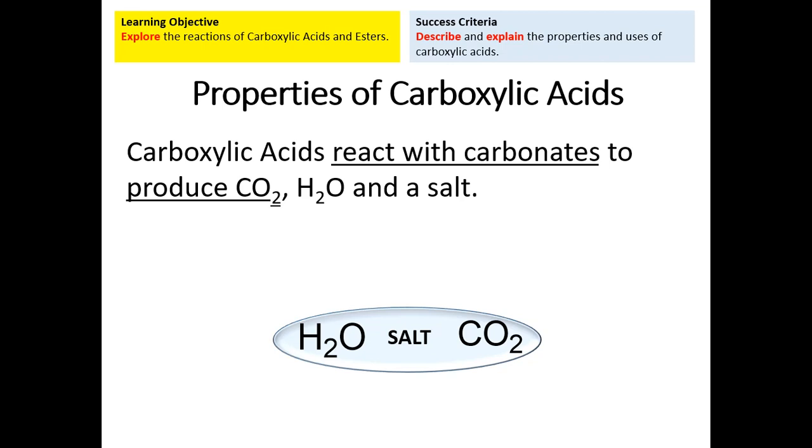Now a salt is just the name of a compound and it would depend on what carboxylic acid you've used as to what salt you would make, but salt is just the general name of the product. And it would be dissolved in water, because they don't separate. The carbon dioxide is given off as a gas and then the remaining solution would be your salt dissolved in that water.